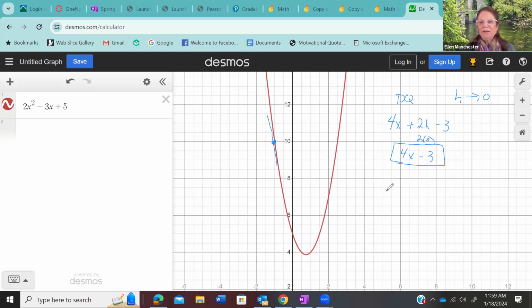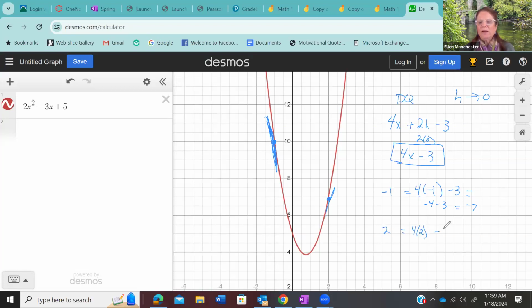So if I plug in negative 1 into my difference quotient, I get 4 times negative 1 is negative 4, minus 3 is negative 7. Do you see how this is a negative slope? So I'm able to find the slope at a very specific point. If I wanted to find the slope of this line right here, I would plug in 2.